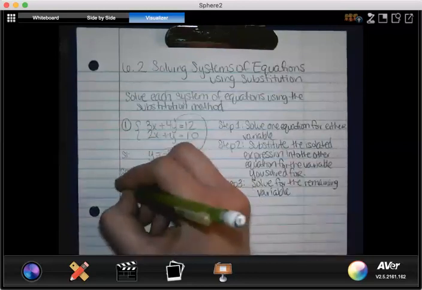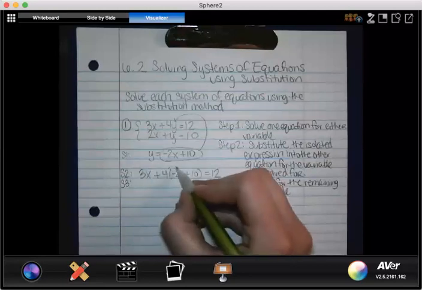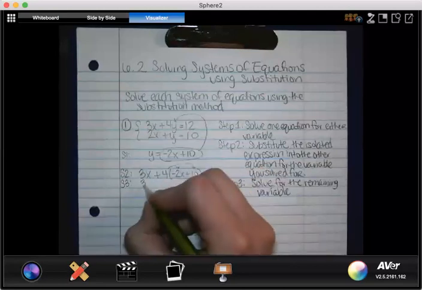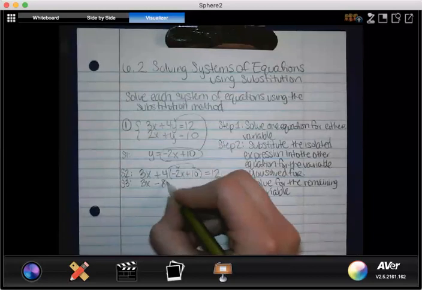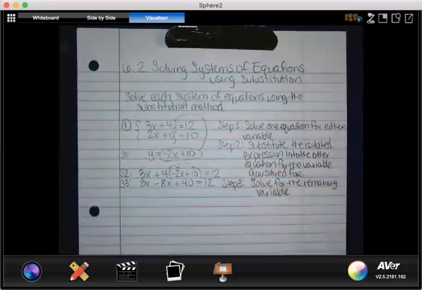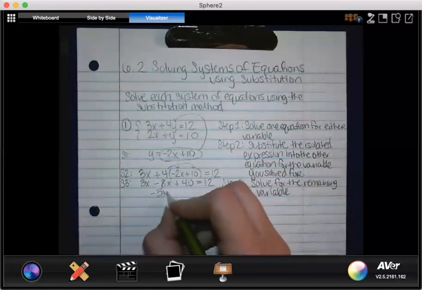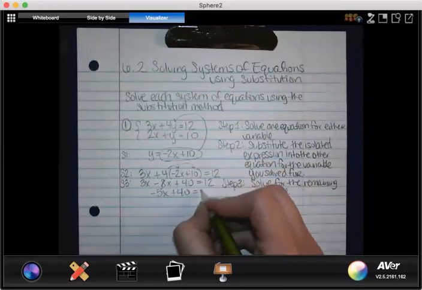So step 3 means I'm going to distribute, combine like terms, and solve for the variable. First thing I'm going to do is distribute. So 3x minus 8x plus 40 equals 12. Combine like terms, negative 5x plus 40 equals 12.